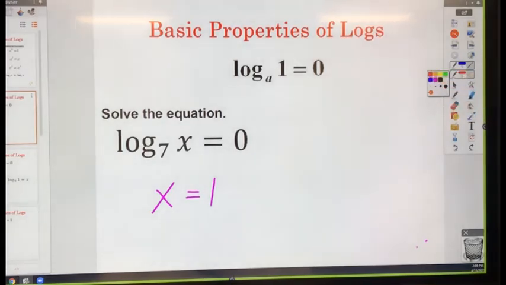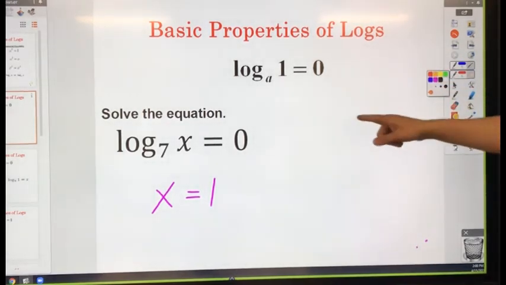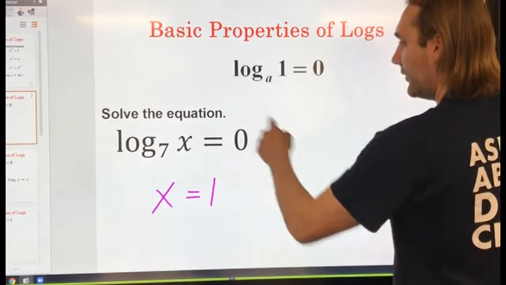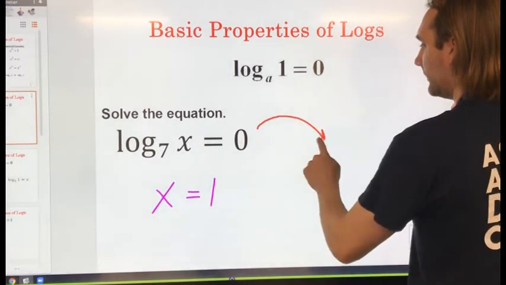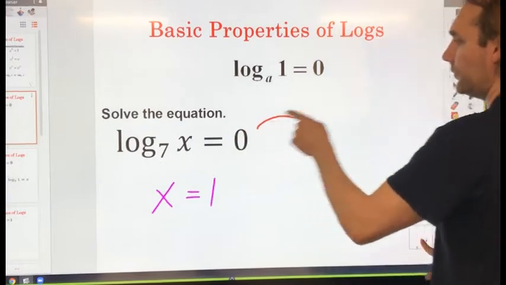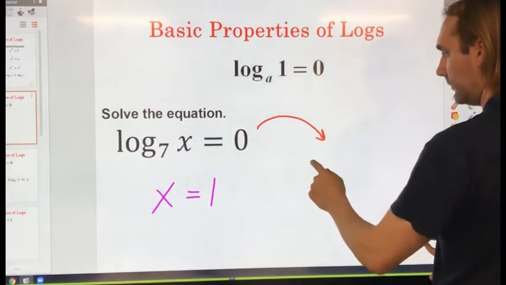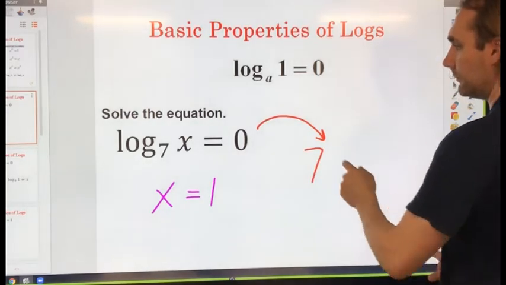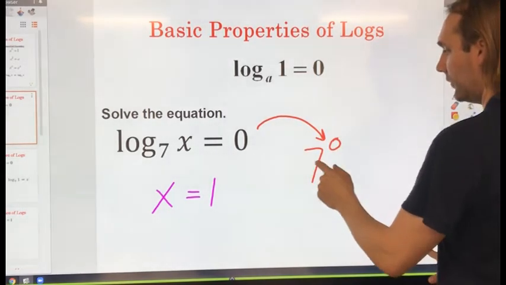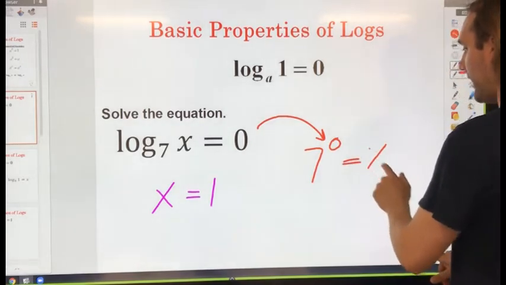Now, like I had mentioned, everything I showed you today, you don't have to memorize. Why don't we just use our technique from yesterday and turn this into an exponent? So log base 7 of x equals 0. What is the base of my exponent going to be? 7. What's the power? 0. So 7 to the power of 0 equals x.